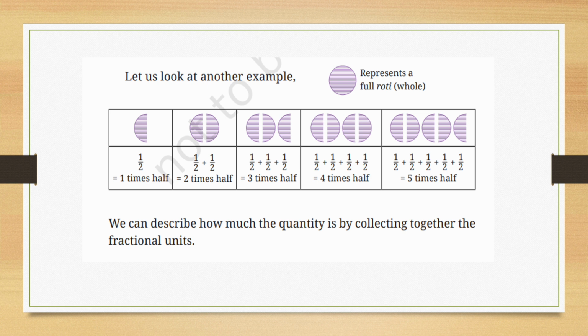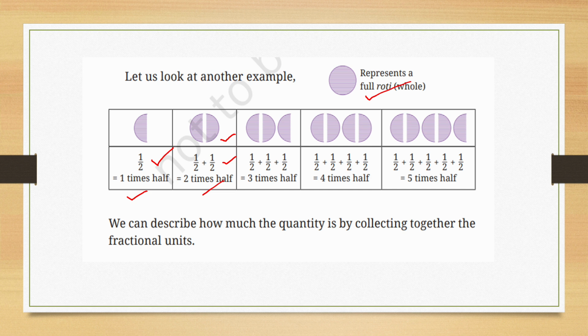Let us look at another example. See this circle, this represents a full roti or whole roti. See the next one, this is half roti, that is 1 times half. Next one, half plus half, that is 2 times half.